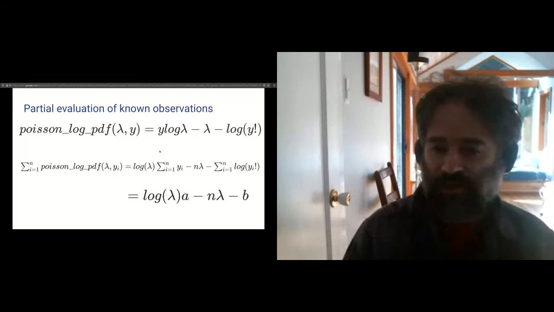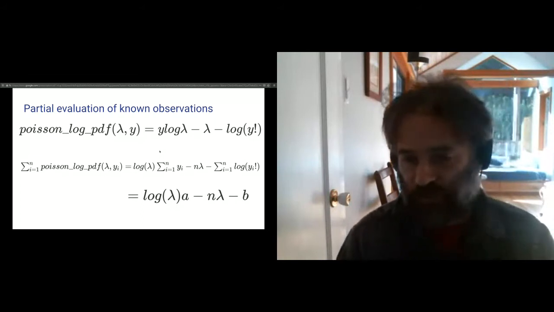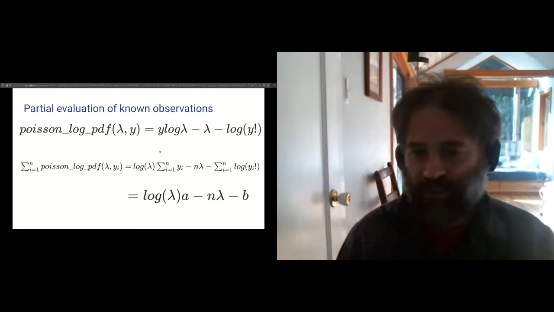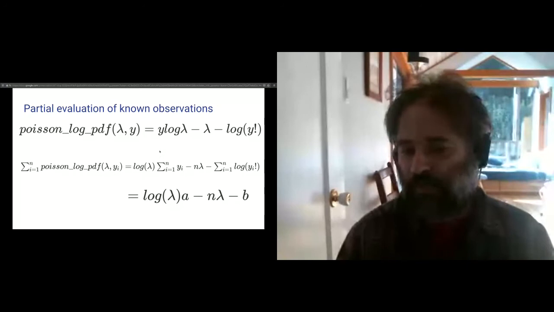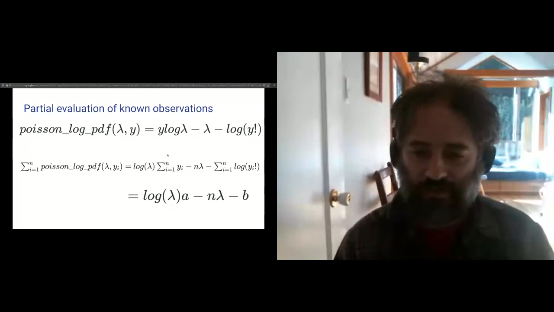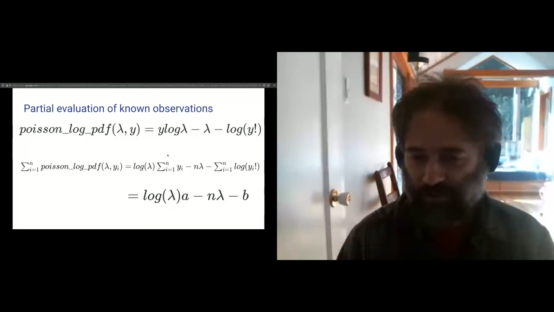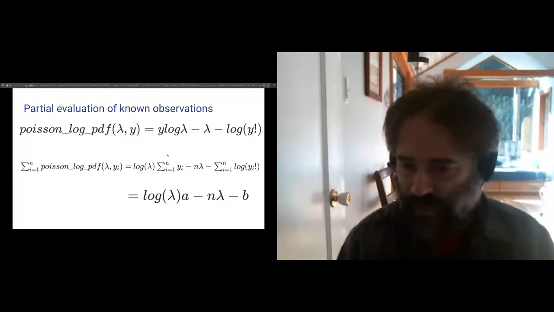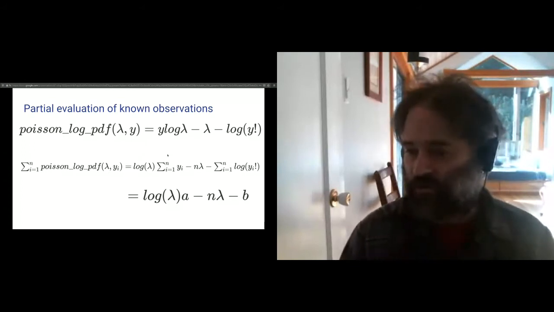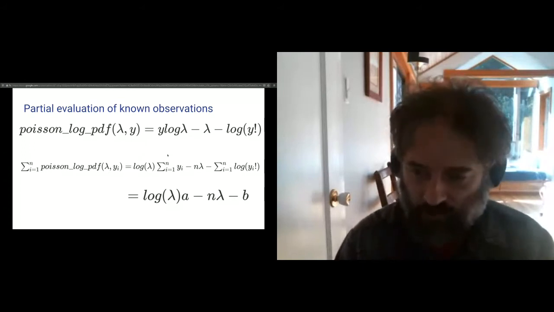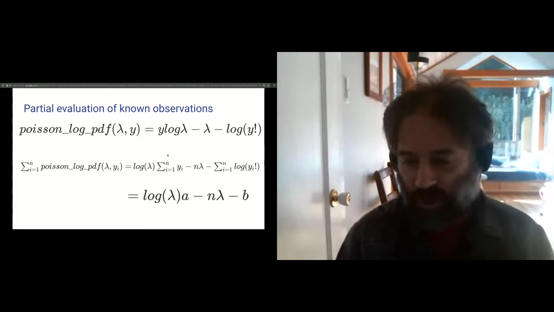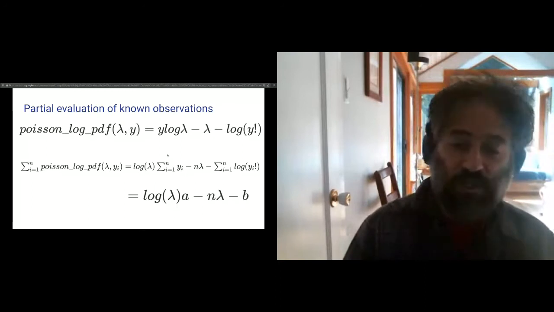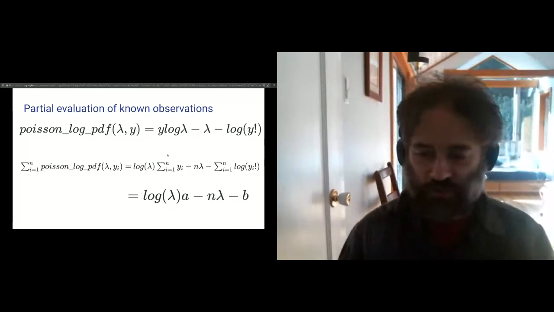And we can look inside the function and see that, in fact, the sum of this function over the entire vector has these two terms in it: the log lambda times the sum of the values, and then also the sum of the logs of the factorials of the values, which depend only upon our observation data and not at all upon our parameters. And so we can pre-compute those terms and then treat those just as constants.